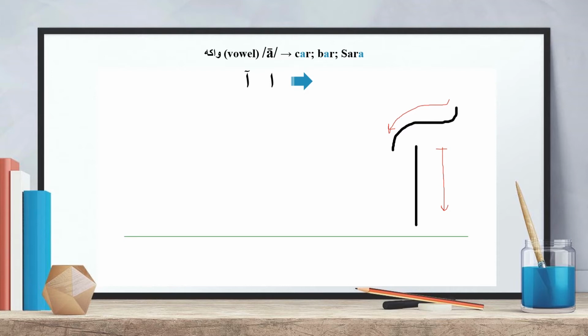Then if A comes in the middle or at the end of a word, we should write it like this. Actually, it is exactly the same as the A with the hat, but this time we ignore the hat and we write in a straight line from top to bottom. Exactly like this. So don't forget, A can only be connected from the right side.